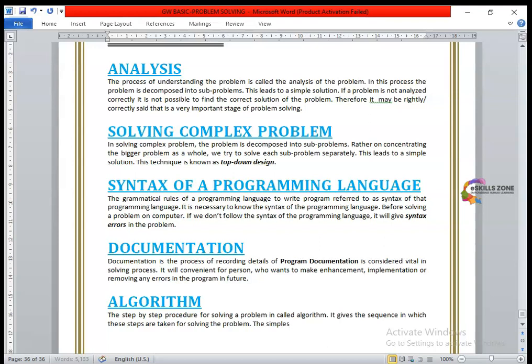The simplest form of algorithm is step form algorithm.